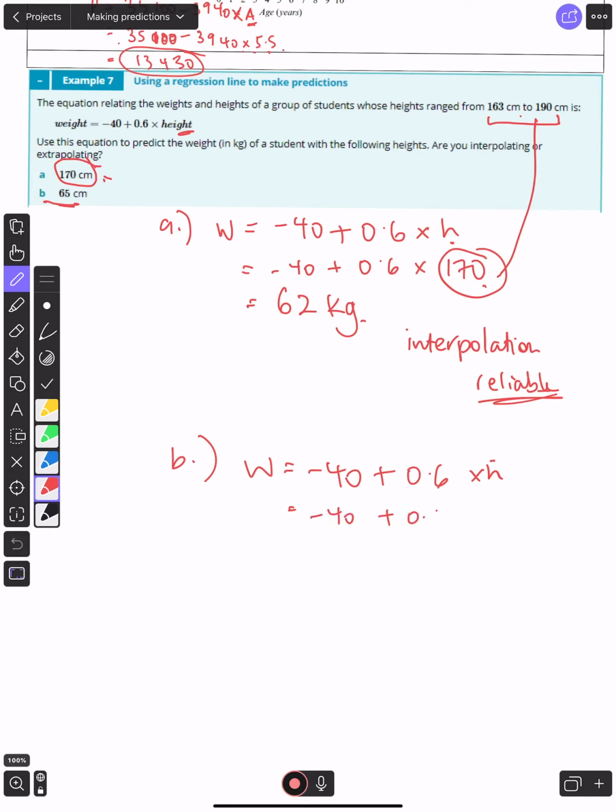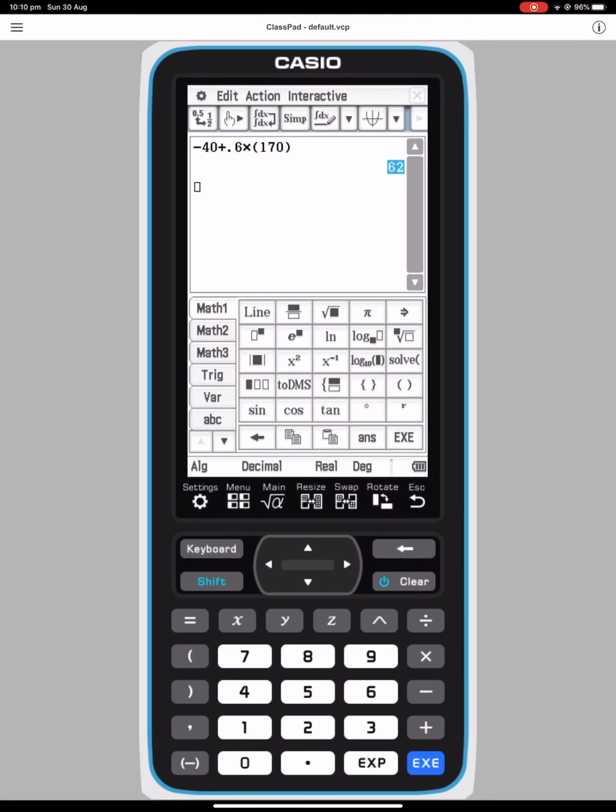So 0.6 times 65, and then I just go to my calculator and do the same thing. So with these ones where you're making predictions, you can just go up here and change that, or you can highlight with your stylus and drag and drop, and it will just copy the equation, whatever floats your boat. 65, I think it was.